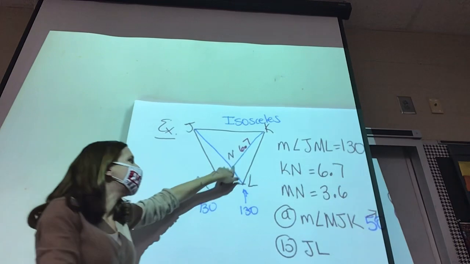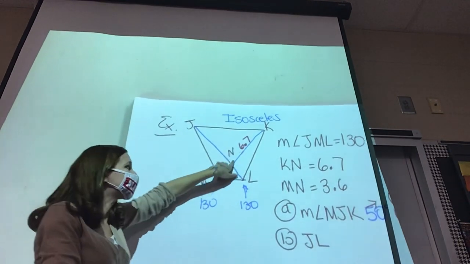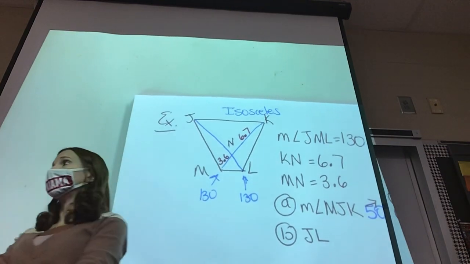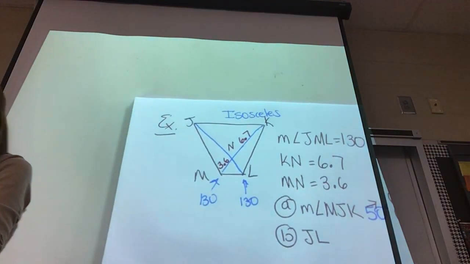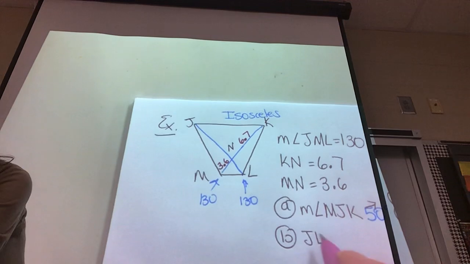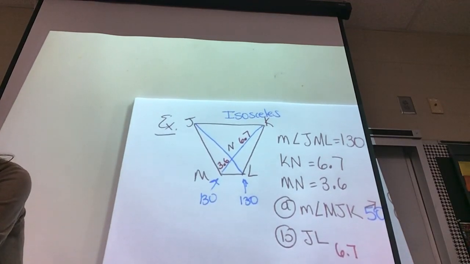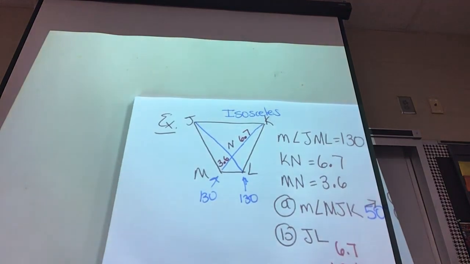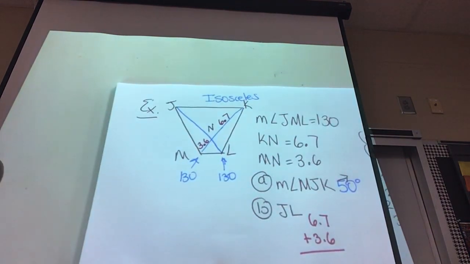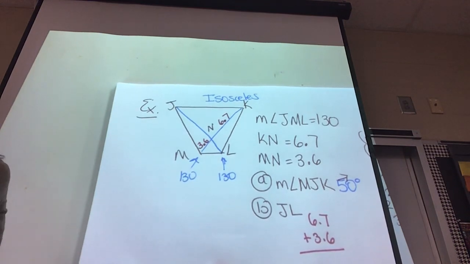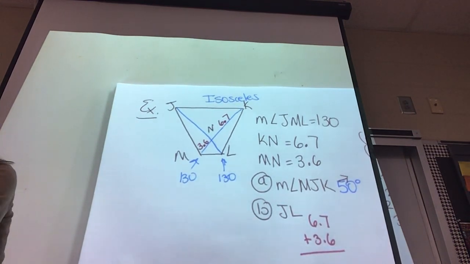So if you add these two, that answer is going to be the same as this answer. They are exactly the same. So if you add your 6.7 and your 3.6, that's going to automatically tell you what JL is. It's not on JL, but those two lines are exactly equal.